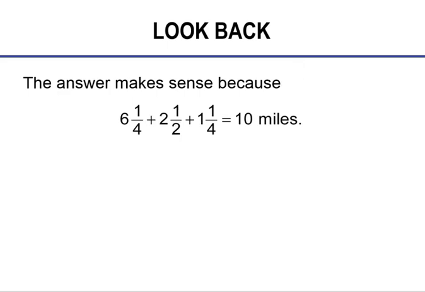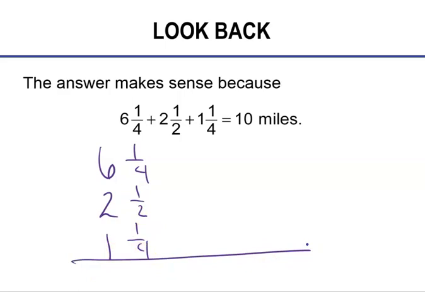Did you pause it and do it? Look, you might want to do this vertically. So this is 6 1/4 plus 2 1/2 plus 1 1/4. Remember, you need a common denominator. The common denominator can be 4. So that means 6 1/4 will just stay 6 1/4. But 1/2, I need it as something over 4. I need to multiply by 2 over 2.